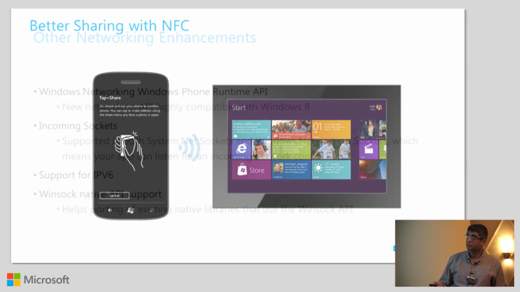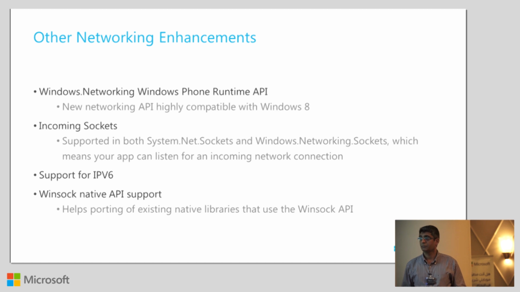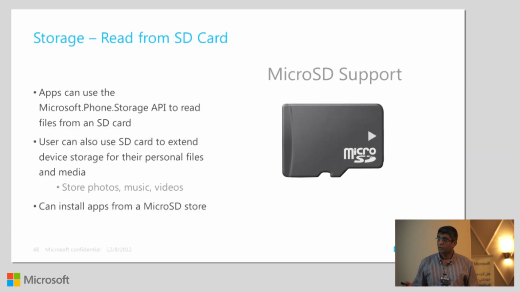We have more networking enhancements, especially for IPv6 support, WinSock support, and incoming sockets on the Windows Phone. This is a significant investment. Now you have, as I said earlier, support for microSD. So you can have applications run from the microSD. You can have your music, your videos on the microSD that you can read from.